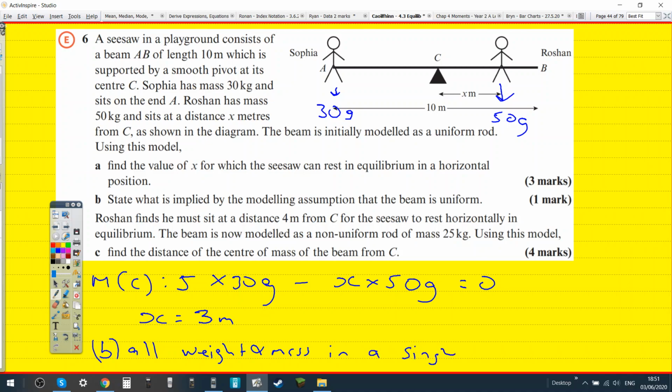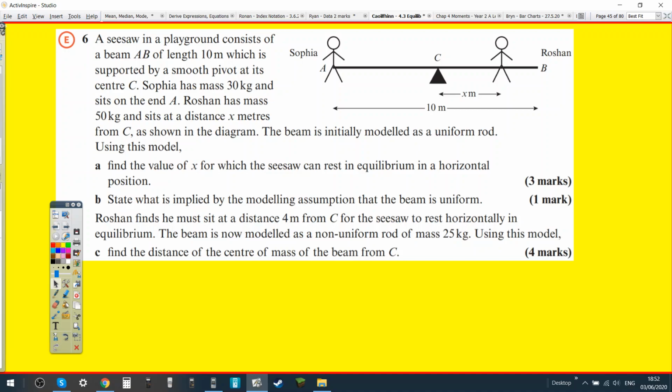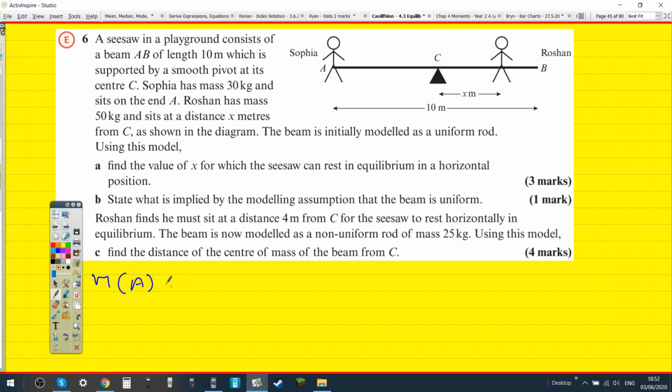Okay, so now he's 4 meters, and we want to find the distance percent of the beam from C. If we do moments about A, then we would have 30 times 9.8 times 0 plus, so we don't know, so C is moved, or no, C is still in the middle.